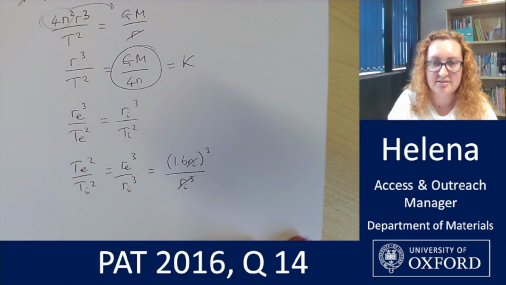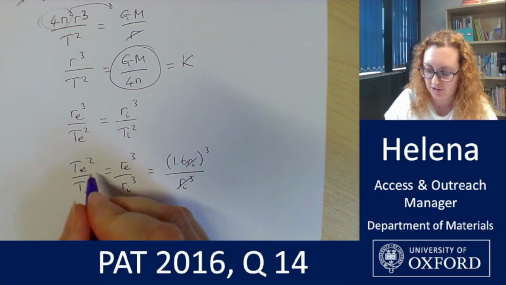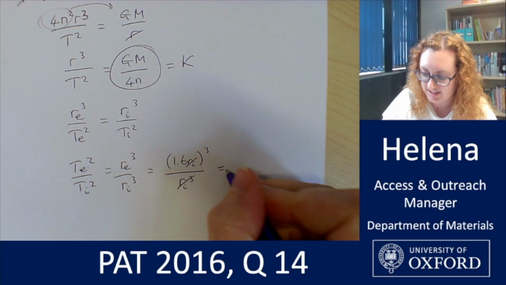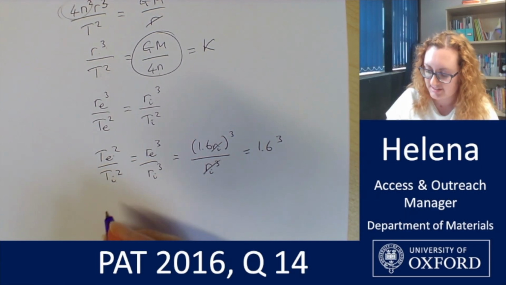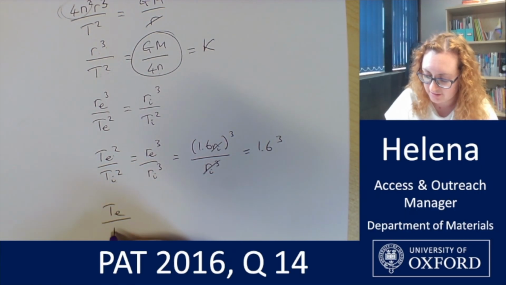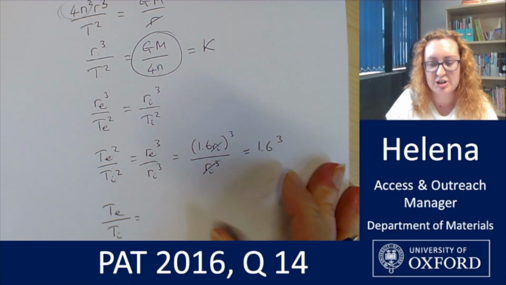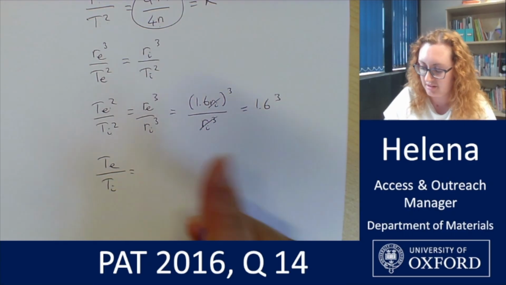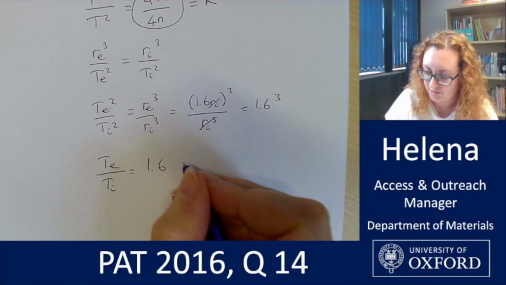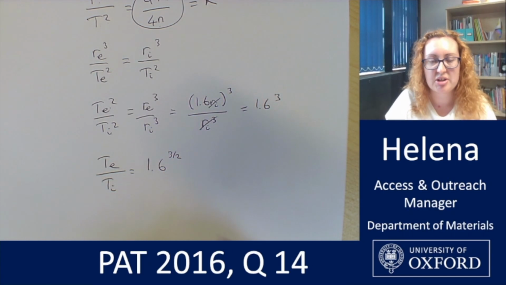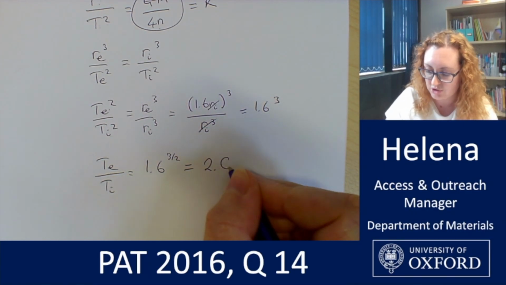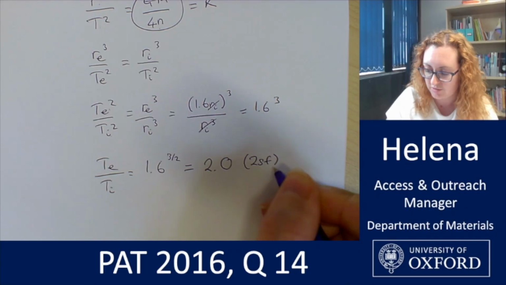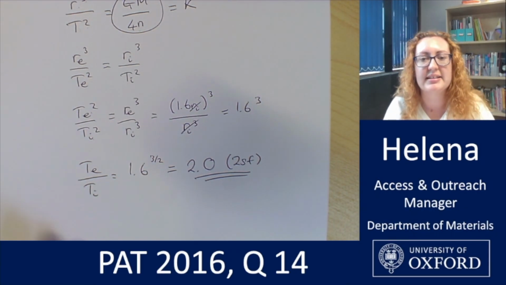The RI's cancel, so we just get TE squared over TI squared is equal to 1.6 cubed. Now let's square root this to get the value for TE over TI, which is the ratio that we want, which is the same as 1.6 to the power 3 over 2. If we pop that into our calculators, it gives us an approximate value of 2.0 to 2 significant figures. So that is our answer there.